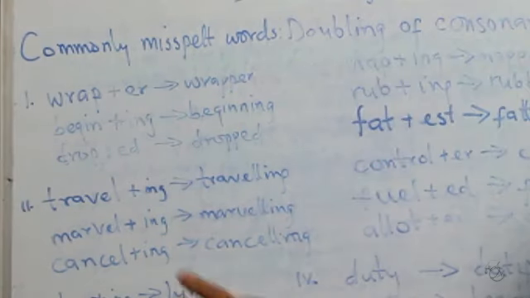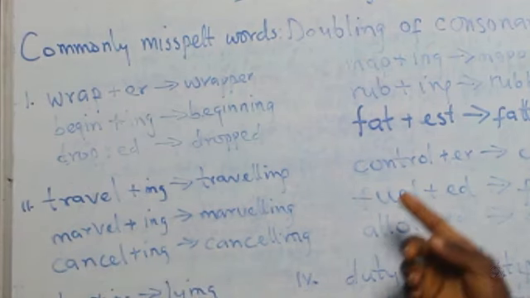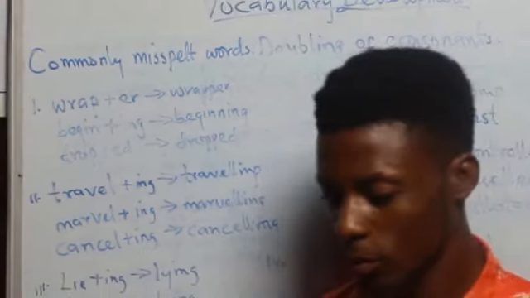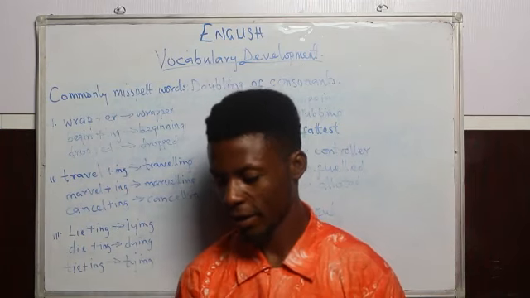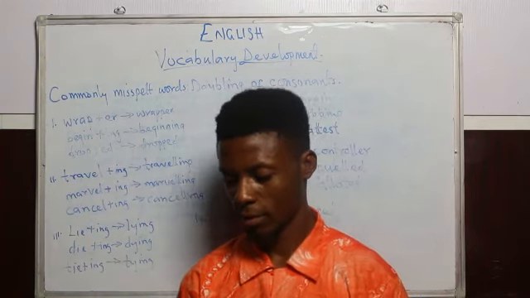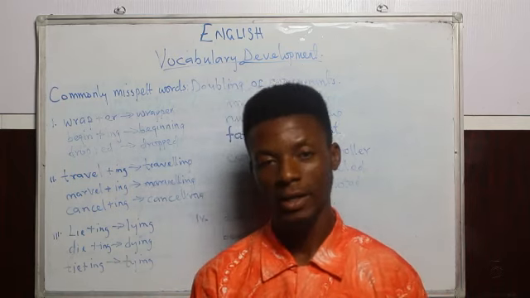We have examples like traveling, marvel, marveling, cancel, canceling, control, controller, fuel, fueled, allot, allotted. The other one says words ending in IE, for example, tie, lie, die.